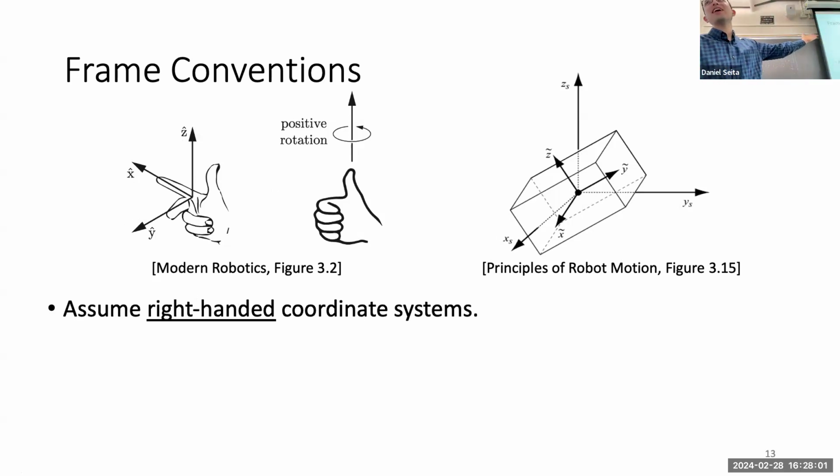It's already in the figure, so I kind of gave it to you. If you want to represent a frame, you take your right hand, not your left one, and arrange it like this, where the index finger is the x-axis, the middle finger is the y-axis, and the thumb is the z-axis.